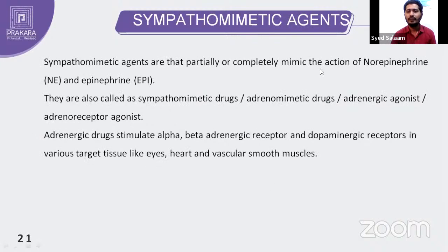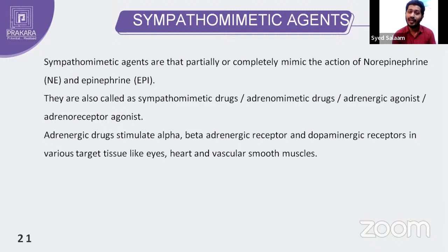They will partially mimic the action of norepinephrine or epinephrine. They have various names because they are mimicking the action of the sympathetic nervous system. They are called sympathomimetics. What is the sympathetic nervous system? It is associated with adrenergic receptors, alpha adrenergic receptors, beta adrenergic receptors. So they are mimicking by attaching to these receptors.